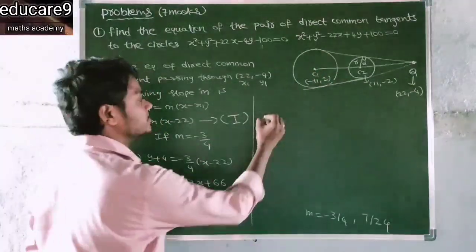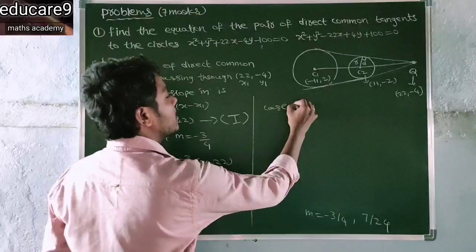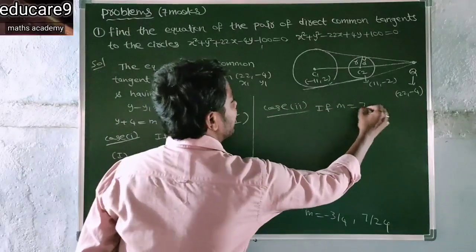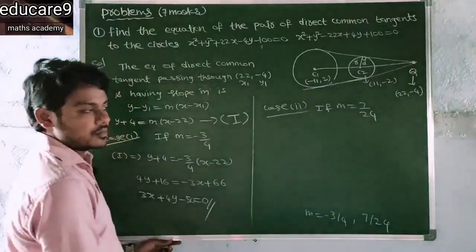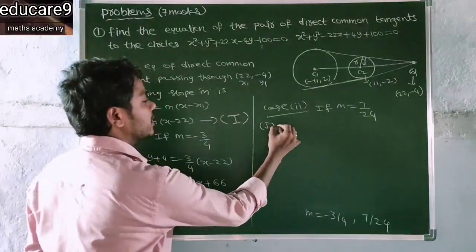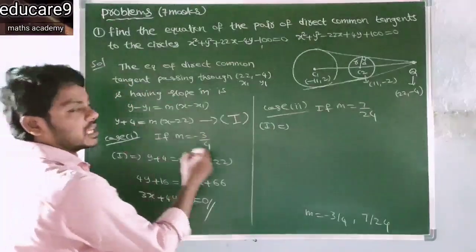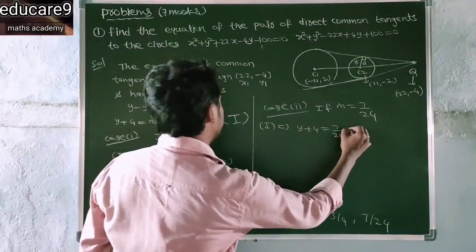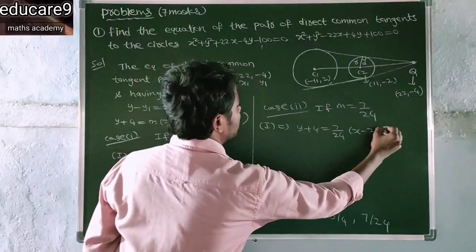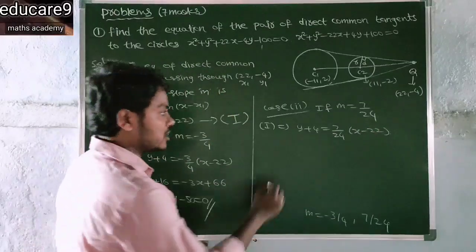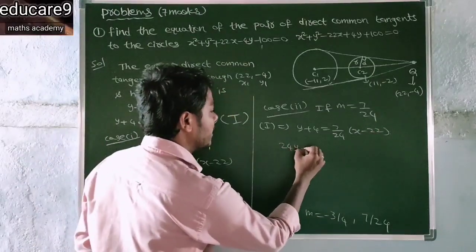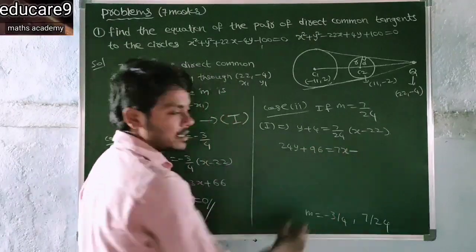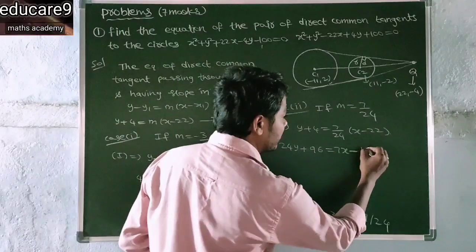And case 2. If m is equal to 7 by 24, now equation 1 implies y plus 4 is equal to 7 by 24 into (x minus 22). So this is 24y plus 96 is equal to 7x minus 154.